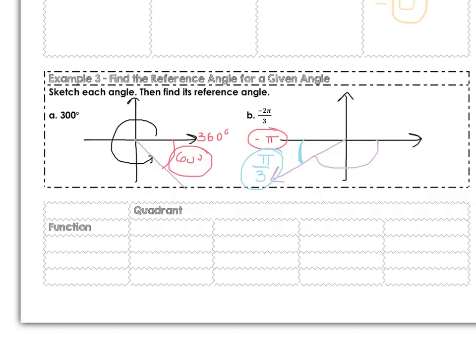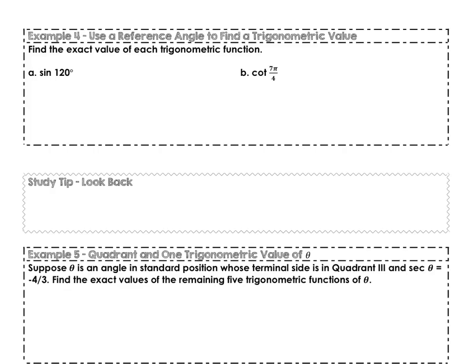because that's how many units away we are from negative pi. All right, so now we're taking a look at example 4. Looking at A, this is actually a value that I would expect you to know at any given moment, but let's talk about why and how you could quickly analyze these things. So notice that 120 degrees is in the 2nd quadrant, and he is 60 degrees away from the x-axis.